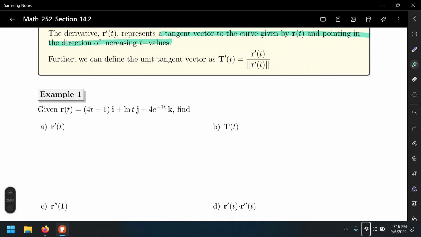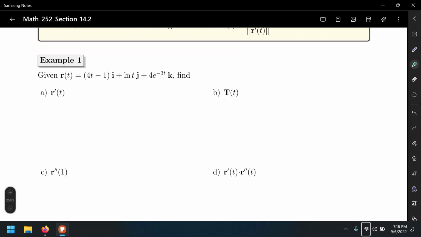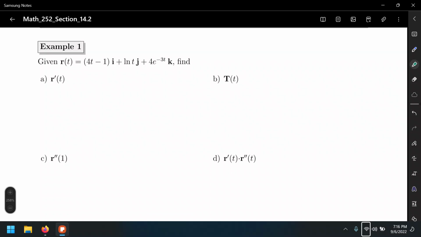So how about we go over one example? We're given this vector valued function r of t, (4t minus 1)i plus ln of t j plus 4e to the negative 3t k, and they're asking us to compute the derivative of the vector valued function.